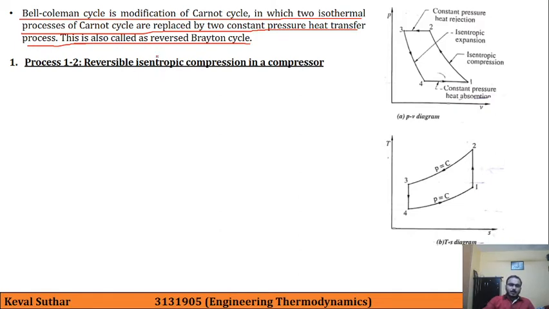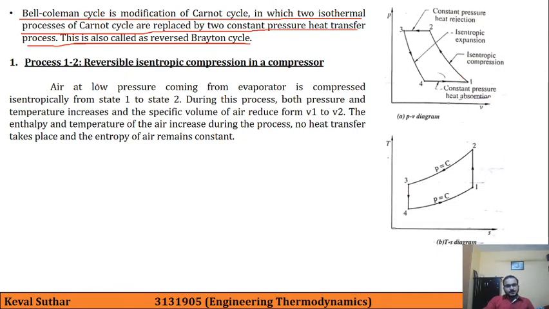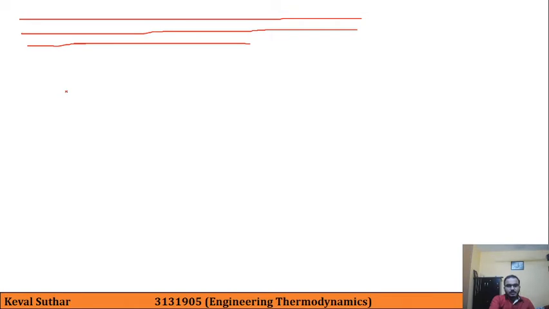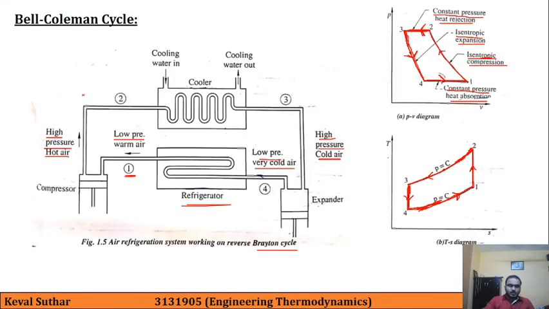Now first we will discuss in detail process 1 to 2, that is reversible isentropic compression in compressor, that is this portion. Here what I would suggest is that you should pause this video and draw all three diagrams in your notebooks. That will be helpful for understanding the processes in detail as well as for the derivation of COP.